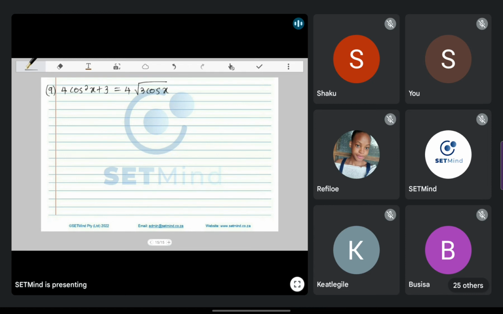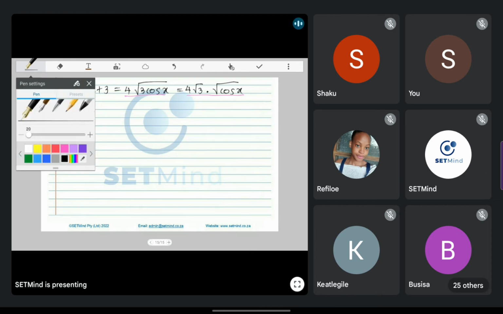So I'm going to try and act smart. I'm going to have 4 times the square root of 3 times the square root of cos x, right? I'm sure we can all agree this is still the same as this. I didn't do any rocket science here.